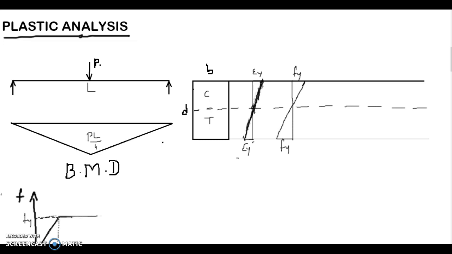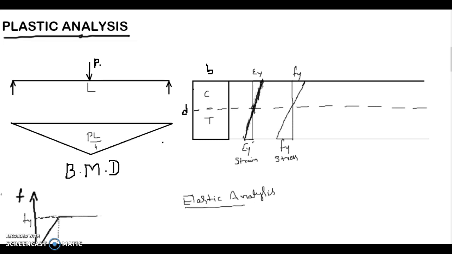This is the strain profile, and this is the stress profile. So how do we calculate the moment capacity now? In elastic analysis, this is the point where we do the analysis.